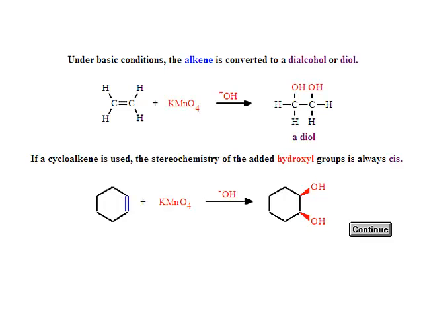KMnO4 is an oxidizer. It adds oxygen to stuff. The stuff that's floating around the aquarium gets hydroxyl groups on it and dissolves in water. It's as simple as that. And if it's a low concentration, not to kill the fish. But I'm going to add 2 OHs cis to the double bond. That's what I'm going to do.